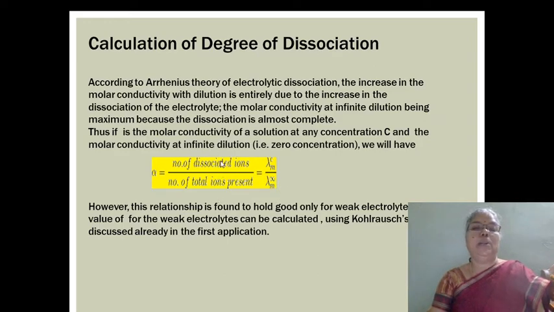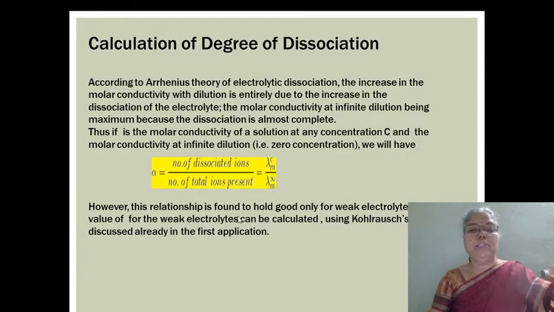In short, we can find the degree of dissociation by using the formula alpha equals λv divided by λ∞, where λv is the equivalent conductance at a certain dilution v, and λ∞ is the equivalent conductance at infinite dilution.